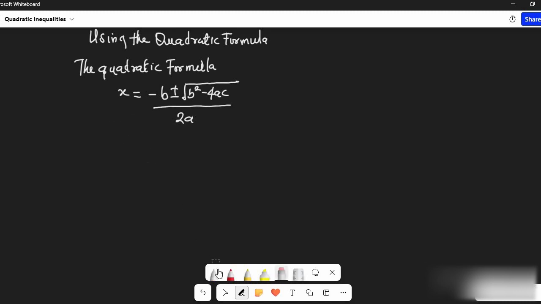So this formula is derived by completing the square on the standard quadratic equation ax squared plus bx plus c.